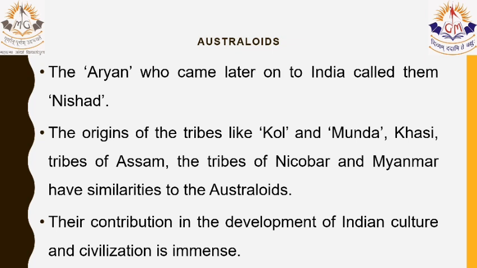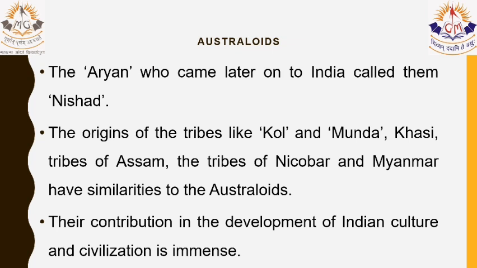Now, the origins of the tribes, like the Kol tribe, the Munda tribe. The Munda tribe is found in quite large numbers in the Bihar and Jharkhand area. Then we have, you must have studied in standard 9, the Garo and Khasi hills in Assam. So that Khasi tribe which is found over here has similarity to the Australoid tribe, as do different small tribes of Assam.